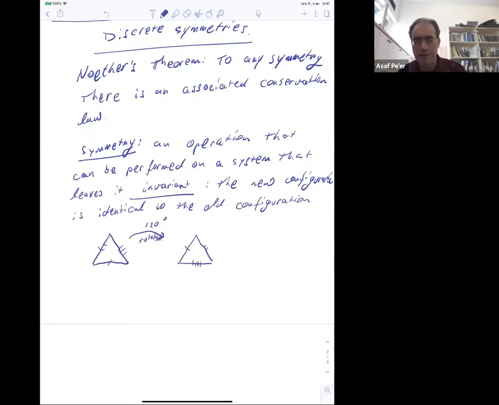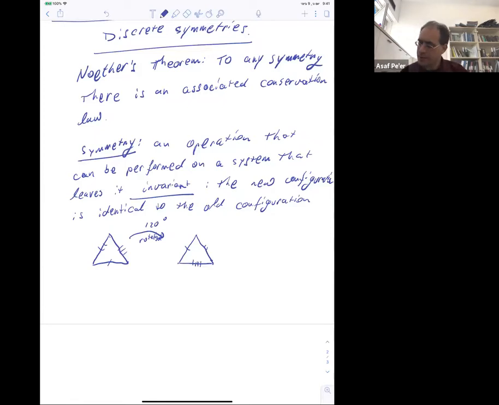I mark with lines the sides, but if you look at the system, if they're identical, you cannot tell that anything happened. So that's called a symmetry. Of course, if I rotate it not by 120 or integer multiplicities of 120 degrees, then I don't get a symmetry.